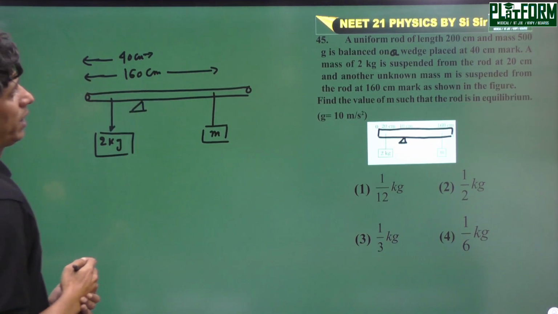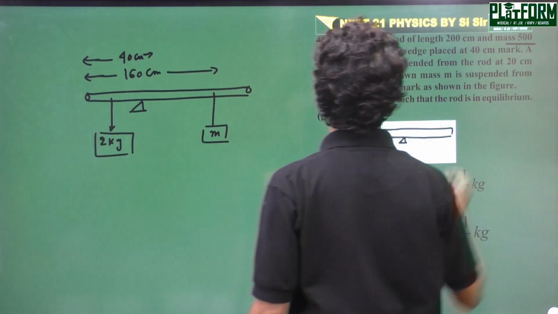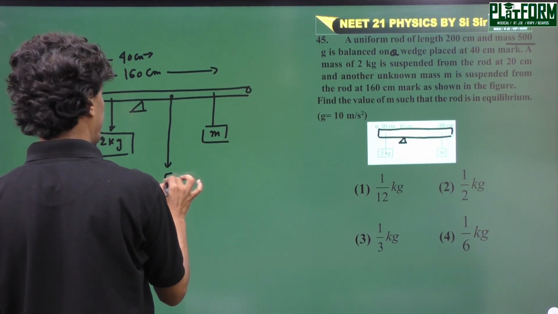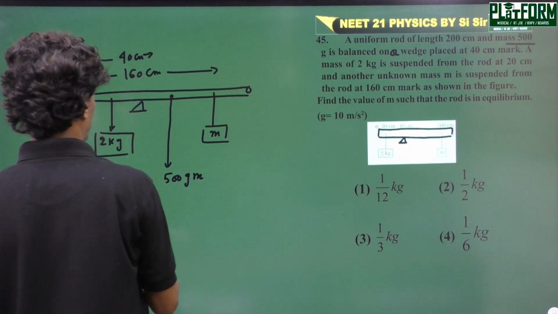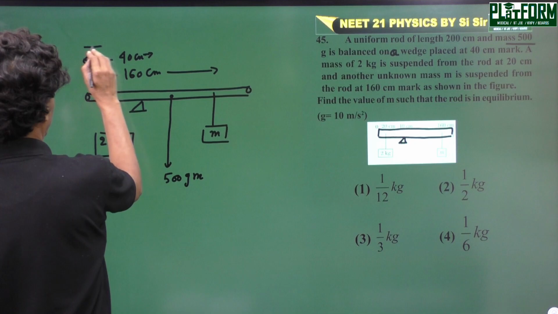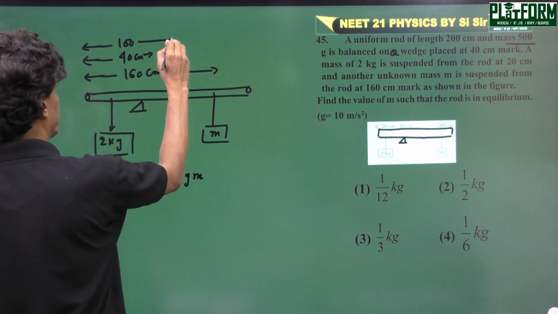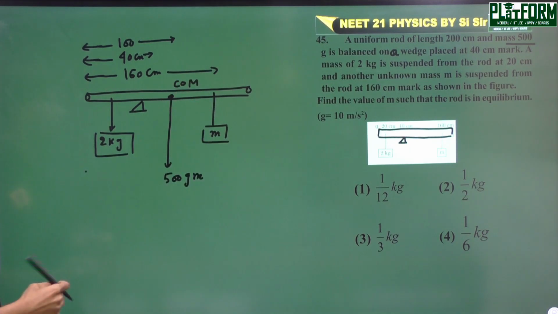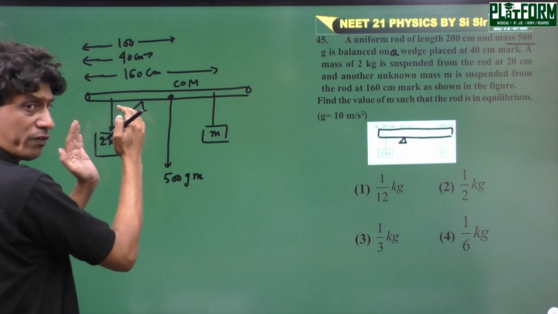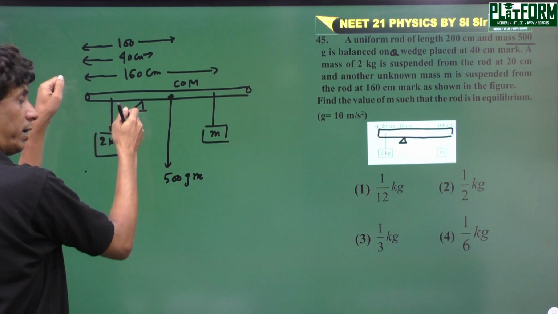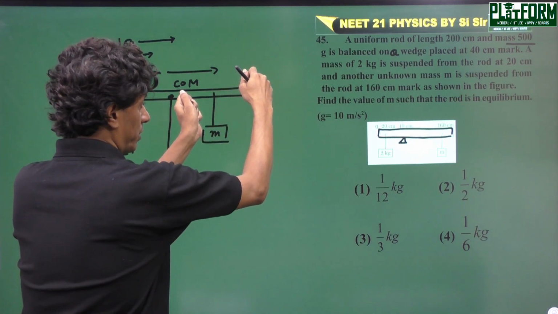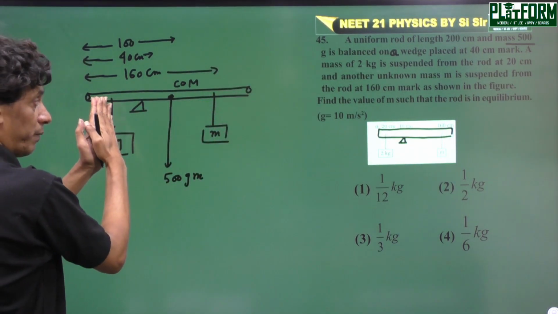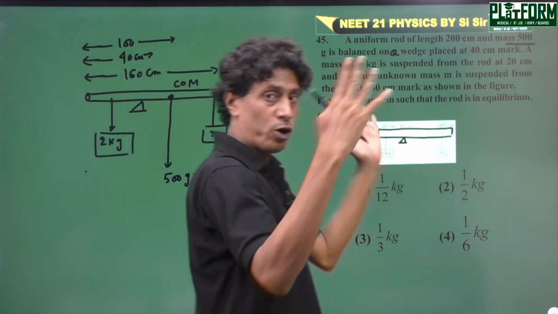And the weight of the body, 500 gram, will act from the one end at 100 centimeter, that is the center of mass. So in equilibrium, we can say the moment of forces about this fulcrum clockwise and anti-clockwise, the moment of forces on both sides are equal and opposite in sense.